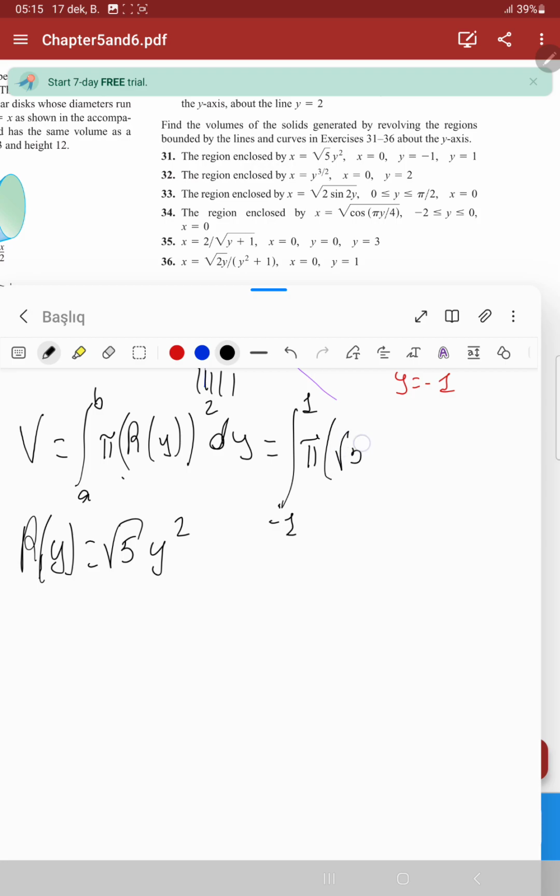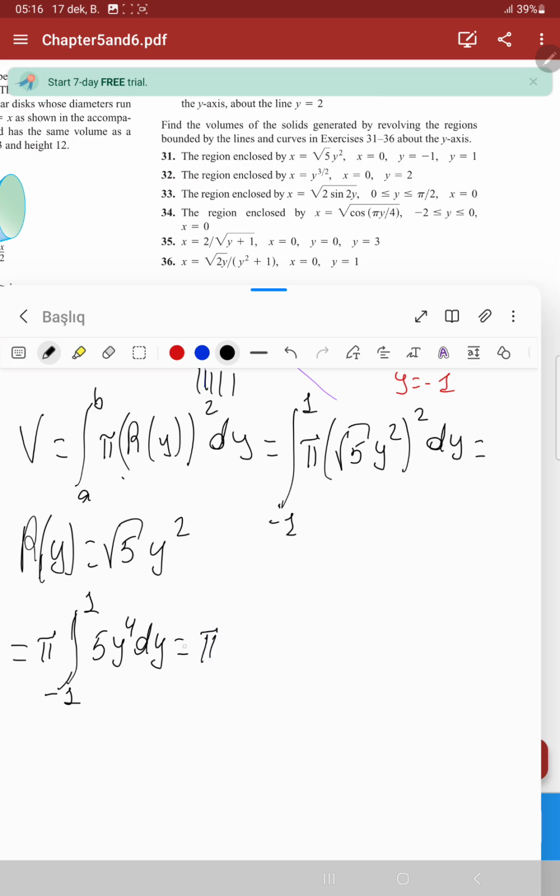Pi times the integral of square root of 5y squared dy equals pi times the integral from -1 to 1 of 5y squared dy. 5 is also a constant. Nice. But I will keep 5. You will know why.